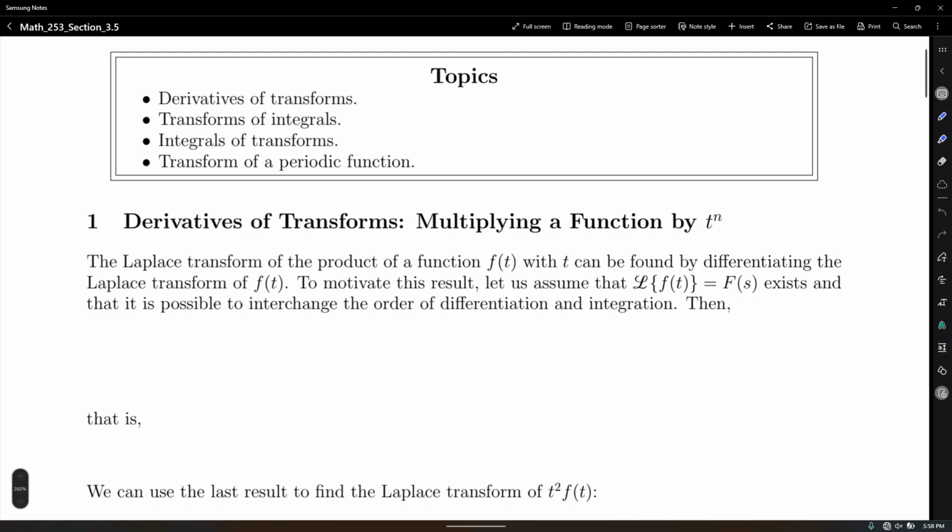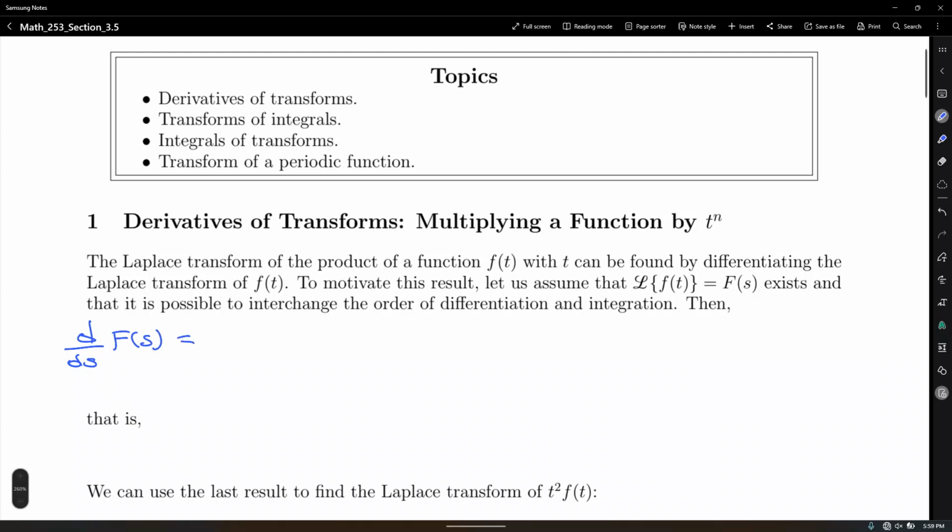It is possible to change the order of differentiation and integration. What do we mean by that? Now I'm going to take the derivative of the transform.